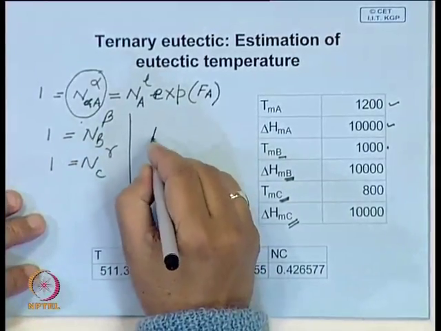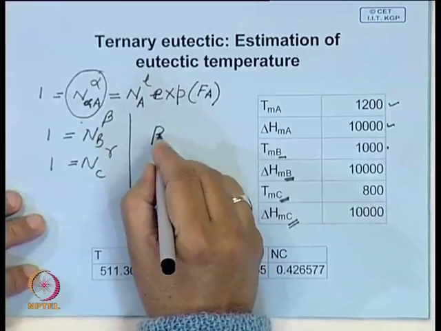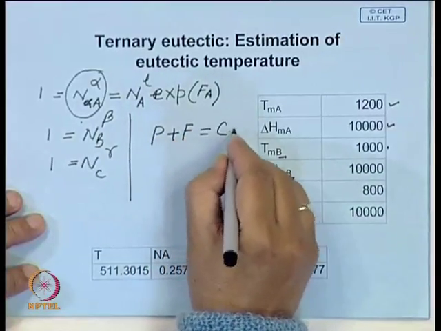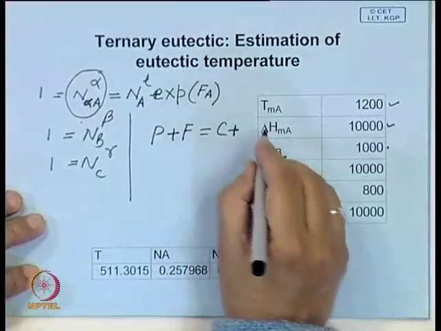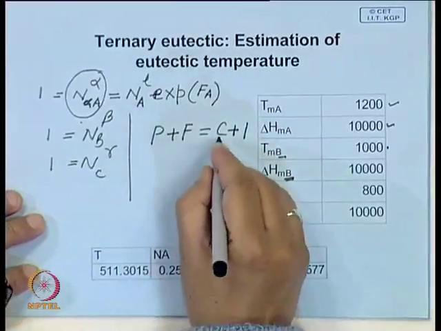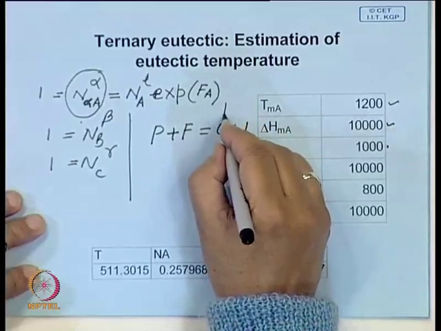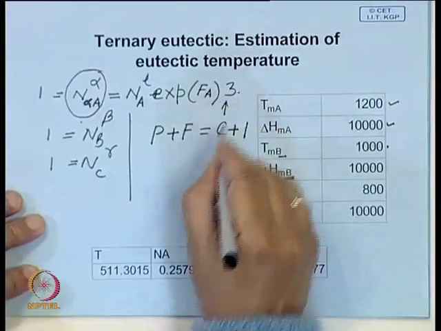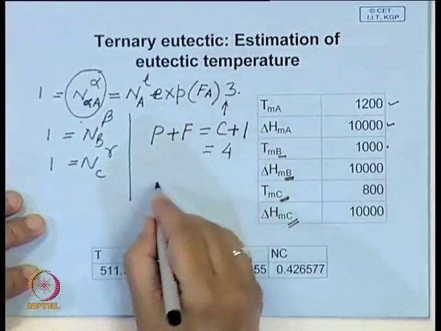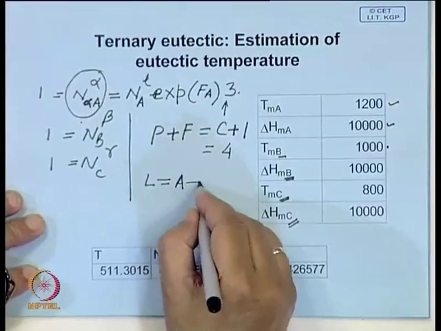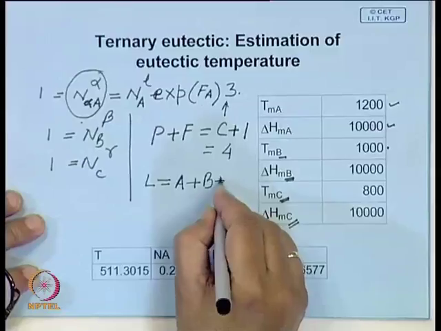If you apply the phase rule, we have seen that P plus F equals C plus 1. So here the number of components is 3, so this is equal to 4, and here the liquid breaks down into a mixture of 3 solids.